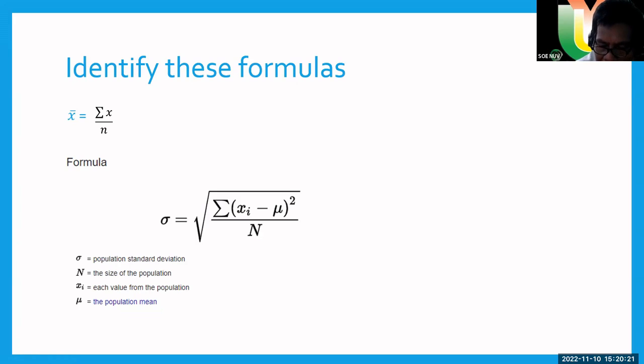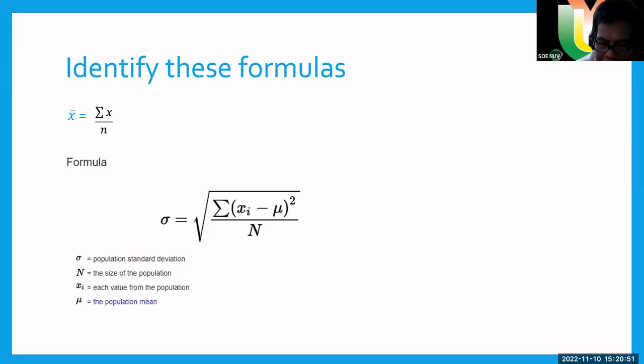N is the size of the population, or the number of students sitting the test, and X with a little i is its value from the population. That means each student's score, the score belonging to each student. And the last one, which looks like a letter U, is the mean.